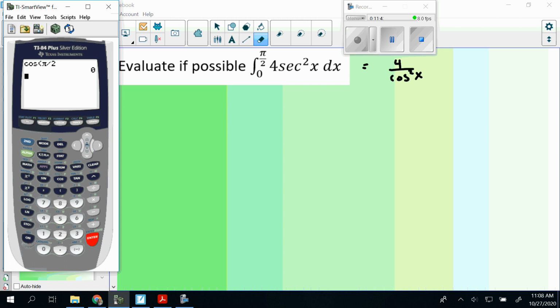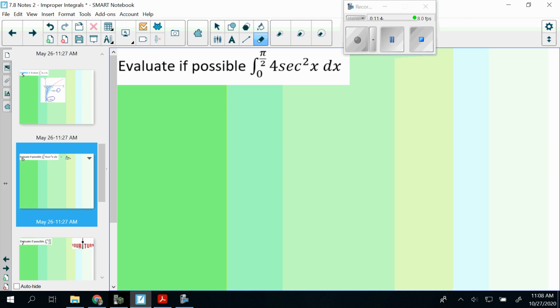So when we make this one a limit, we want to replace the top one here. So as t approaches pi over 2, we're replacing that pi over 2 with t, and we want to evaluate this one. If we're going from 0 to pi over 2, we'd be approaching it from the left.